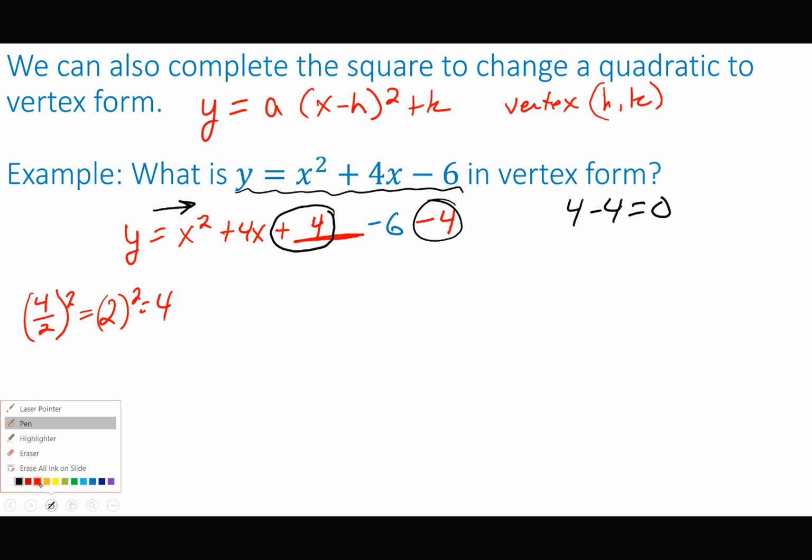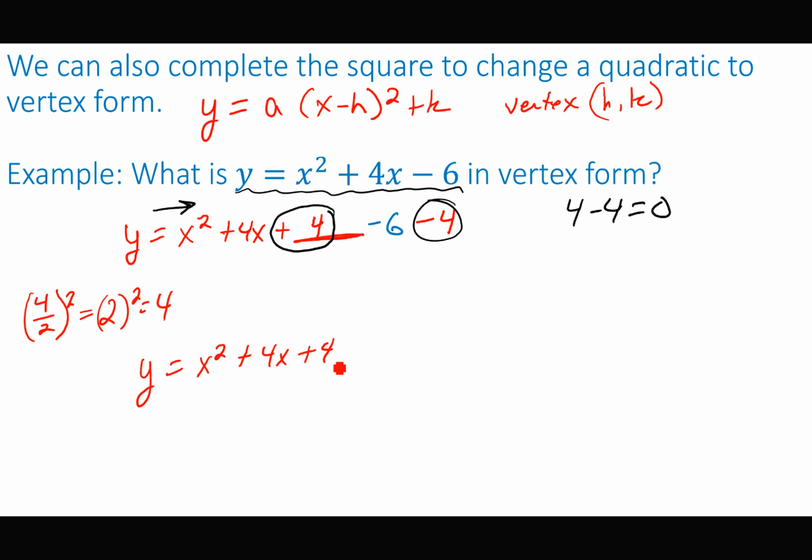All right, so let's rewrite this a little bit. So y equals x squared plus 4x plus 4 minus 10. Negative 6 and negative 4 is going to be a minus 10. This is a perfect square trinomial, which I can write as x plus my 2 right here, x plus 2 squared minus 10.